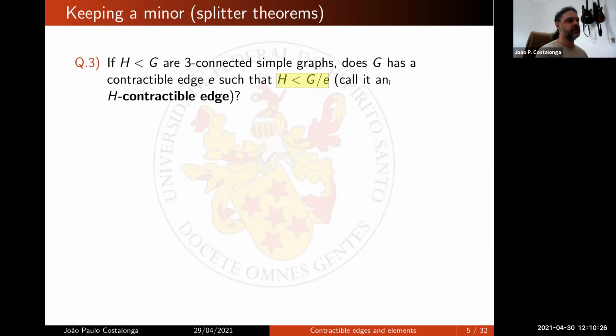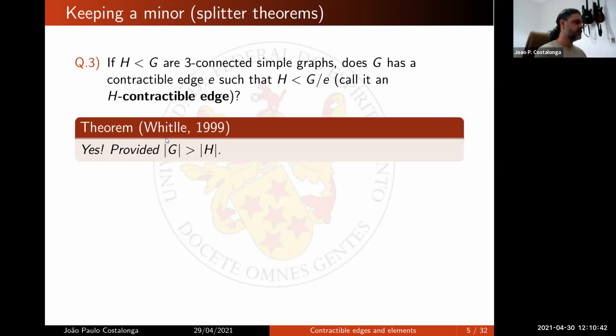We call an edge with this property an H-contractible edge. That's a useful tool for proofs by induction when you're dealing with minors. And the answer is yes, provided G has more vertices than H. Of course, if you contract one edge, you will get a graph with one vertex less.